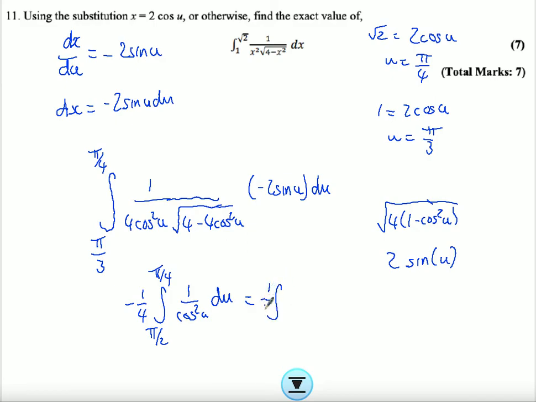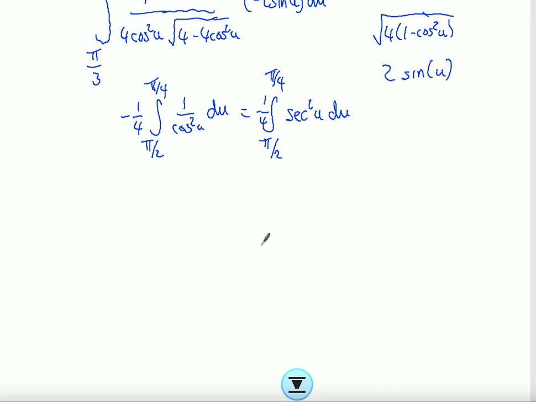So negative 1/4 between pi over 4 and pi over 3. And I'm going to rewrite that as sec squared u. And I'm really happy to see sec squared u in this question because sec squared is in the formula booklet. So negative 1/4 out. Apologies. Negative 1/4. And the integral of sec squared is just tan.